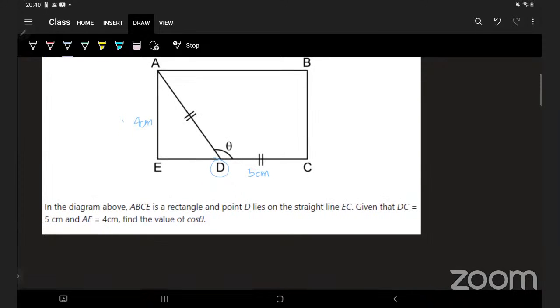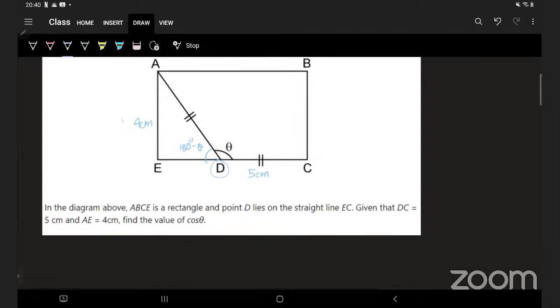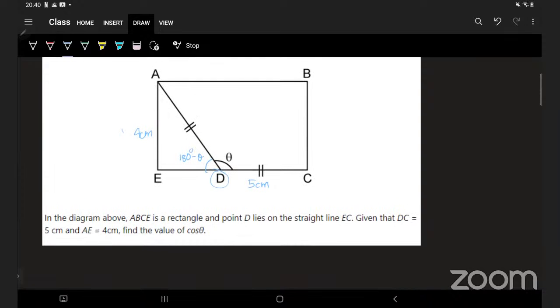As we learned from the previous lessons, since this is a straight line, this angle should just be 180 degrees minus theta. We actually have an isosceles triangle over here, because we have these two little lines that indicate they're the same length.